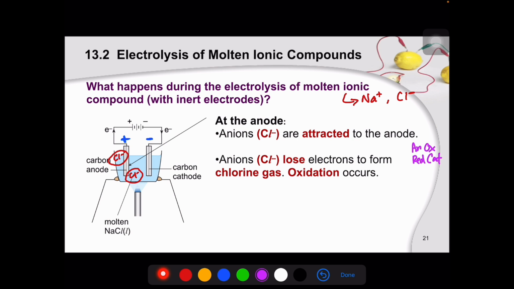What happens over there is that the anion will lose electrons, and when they lose electrons, they will form chlorine gas, and that's where oxidation happens. To represent this chemical reaction, we use what we call a half equation. A half equation is represented over here, whereby you have two chloride ions reacting, and then it forms a gas, which is chlorine gas.